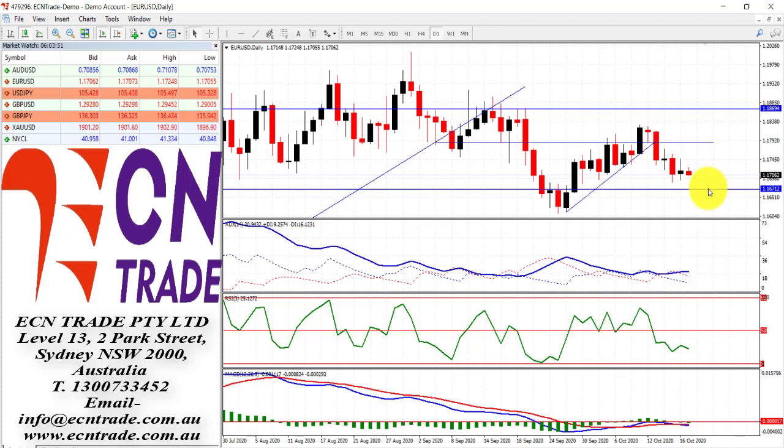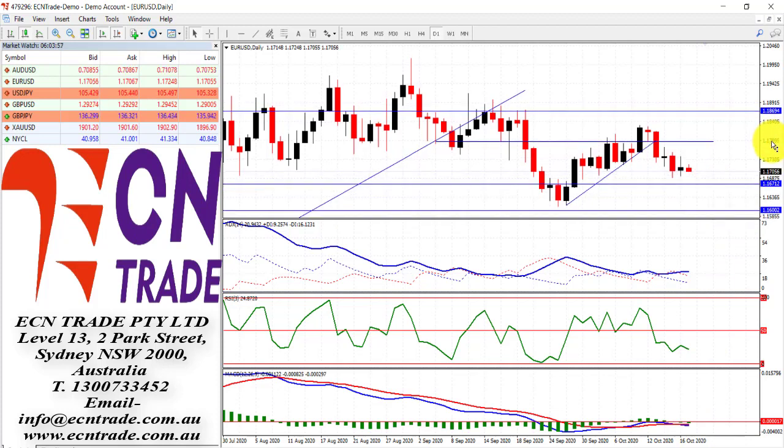The immediate target is seen around 116.70. A break beneath there would give further downside risk to 116. I'm not coming out with big calls because there's no trend. When there's no trend, there's going to be a lot of volatility and a lot of whipsaw price action. But viewing how this market is trading presently in the short term, the RSI is married up to the MACD, so I do anticipate a move to at least 116.70.